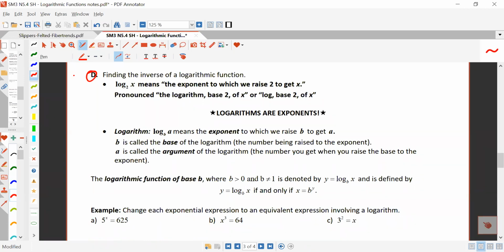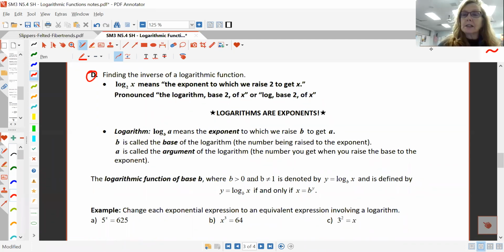All right, and we're talking about what a logarithm actually means. Okay, so for example, 2 to the power of 3 equals 2 times 2 times 2, that is 8. So this is the exponent, and this is the answer.